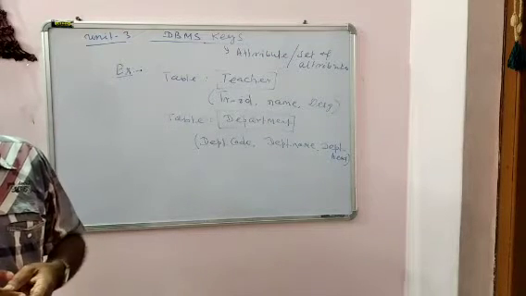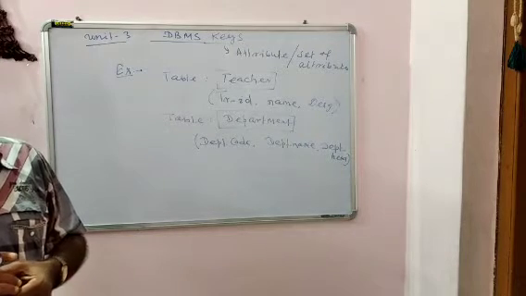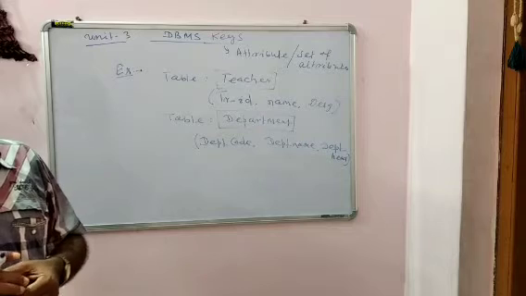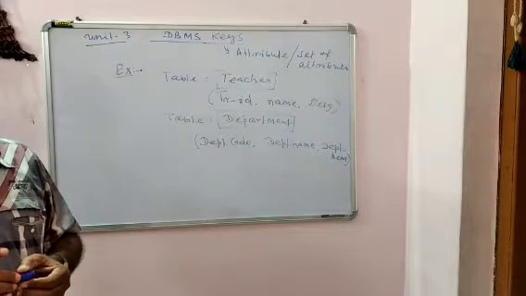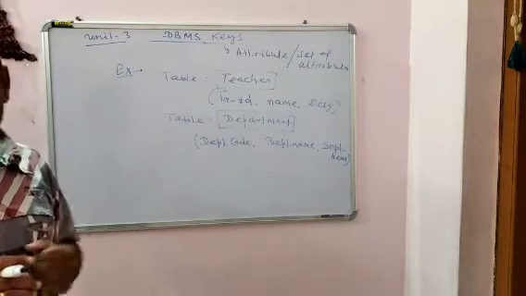So by adding the foreign key department code to the teacher table with teacher ID, name and designation, we can create a relationship between the two tables. So we can relate by using the foreign key. How?